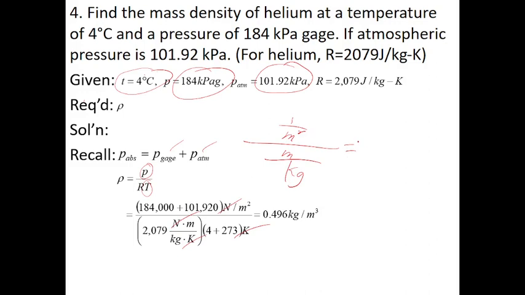So, that is 1 over square meter times kilogram per meter. Kaya, kilogram per cubic meter. We are multiplying meter squared and meter, cubic meter. So, that's the answer. That's the unit. No? Okay?